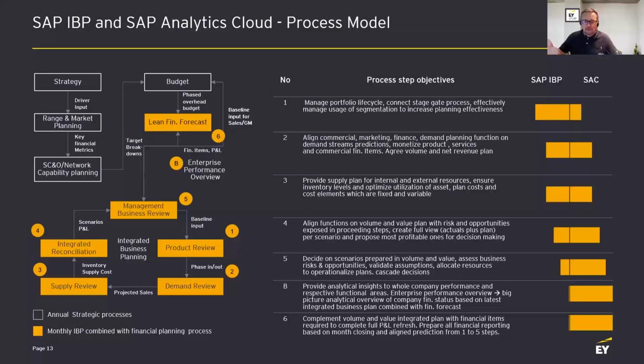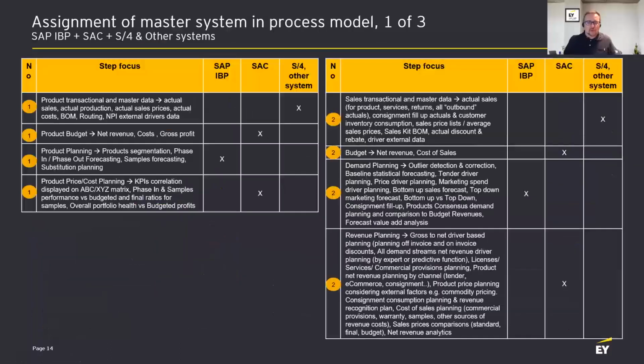And then when you make decisions in the management business review, you expand the portfolio of information with the lean financial forecasting, and you connect all the information for analytical purposes, the more you use a tool like SAP Analytics Cloud. So on the system side, what is very critical is to assign, as part of the process activities, what is the leading and master system for the specific group of activities in the process step.